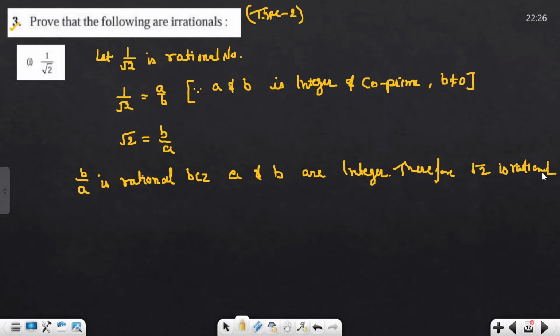But what is the real fact? The real fact is root 2 is irrational.